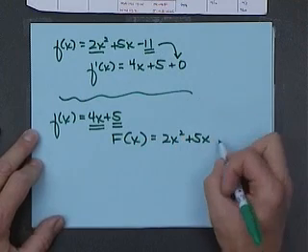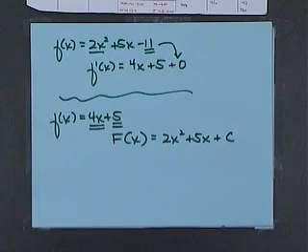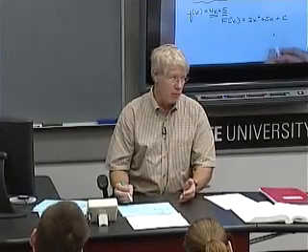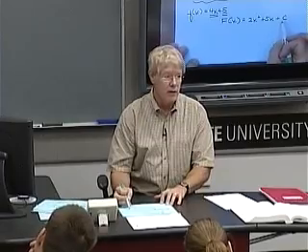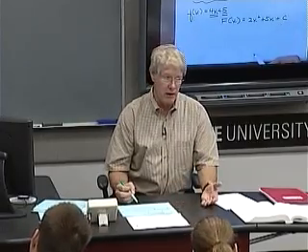We don't know what it is. So we allow for some arbitrary constant. In reality, the constant might be 0. That's okay. But it might also be something else, so we have to put in a placeholder. There is the possibility of some constant, and unless we're given more information, we don't have any idea what that constant is.